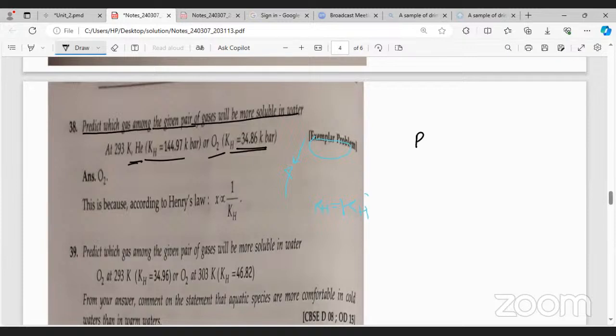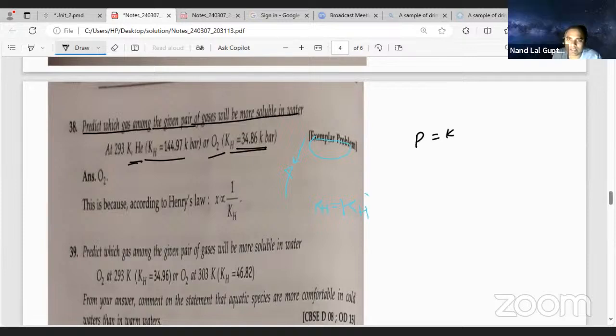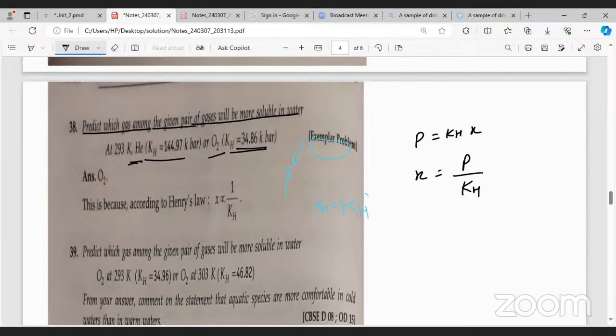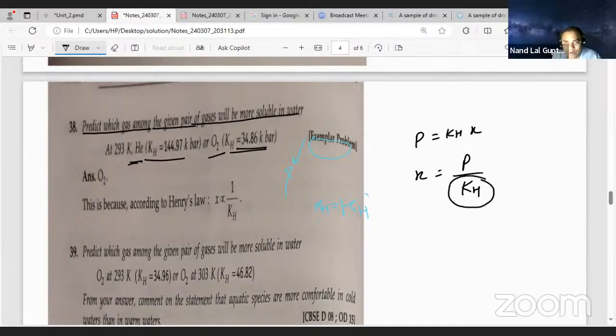P equals KH x, so x is the solubility, P by KH, inversely proportional. The lesser the value of KH, the greater the solubility. Here the value is 144, here it is 34. This value is less, and less value is more soluble. So O2 is more soluble.